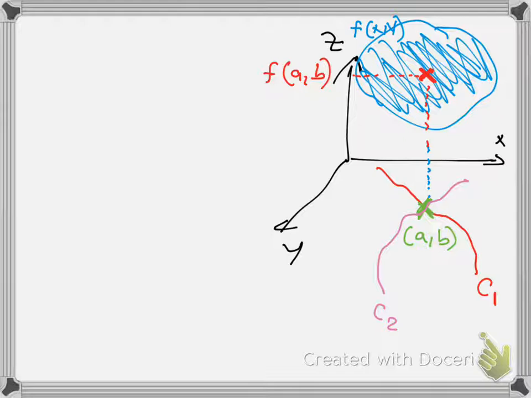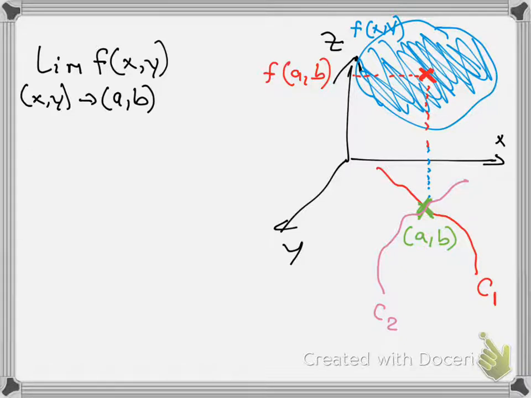So what I'm saying, guys, is that in order for the limit of f of xy when xy approaches AB to exist, you take any two random paths, let's say C1 and C2, and here you're approaching AB along C1, so this is f along C1, and here this is the image along C2, f along C2.